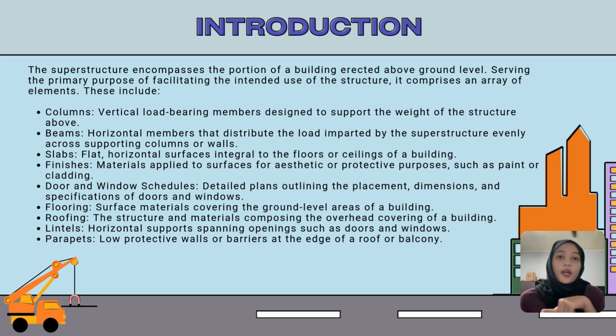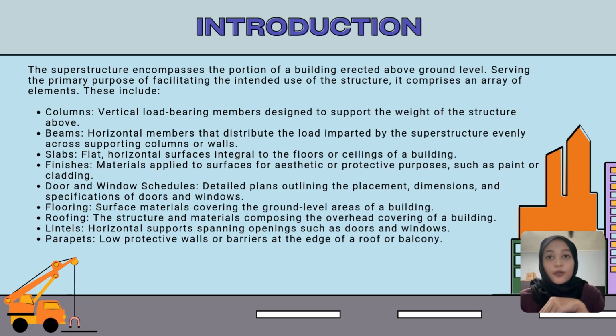For doors and windows, detailed plans outline the placement, dimension and specification of doors and windows. Next is flooring, which is a surface material covering the ground level areas.